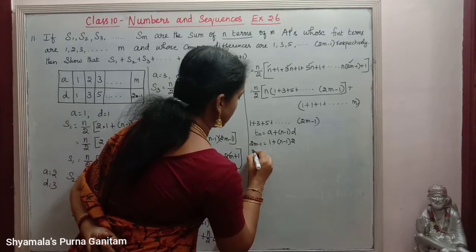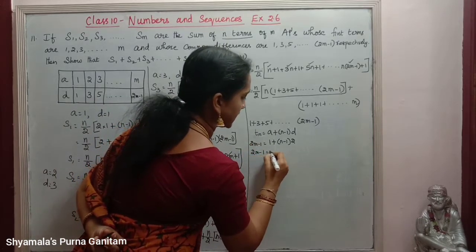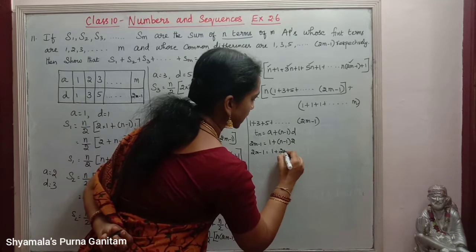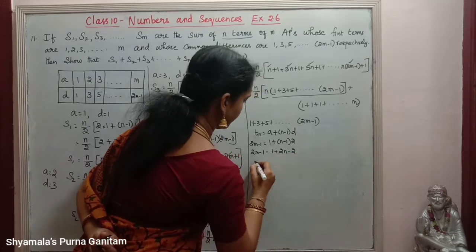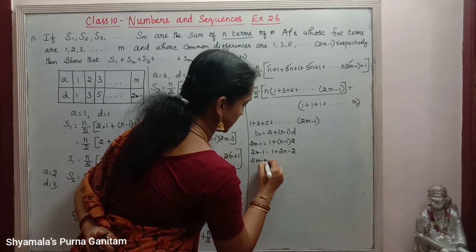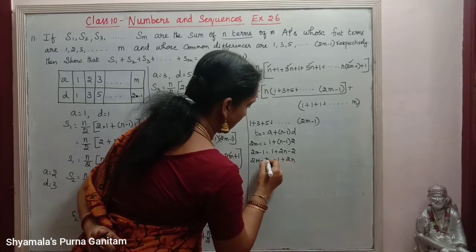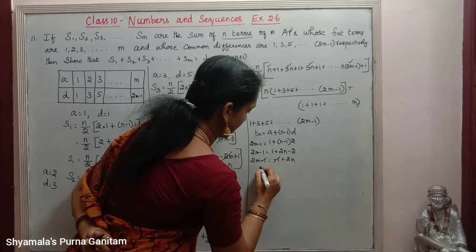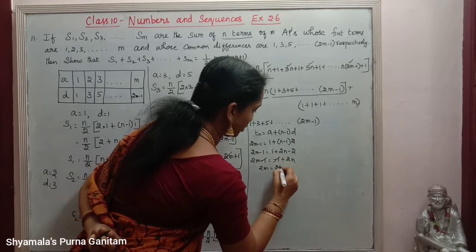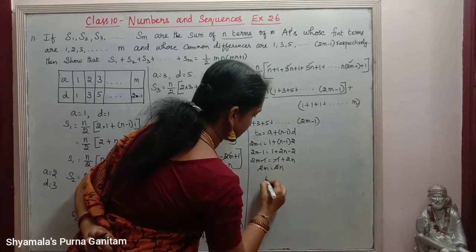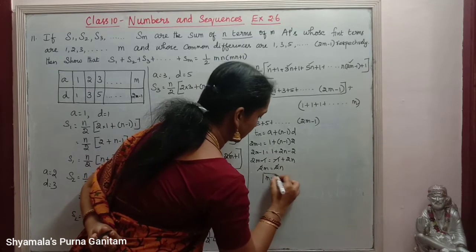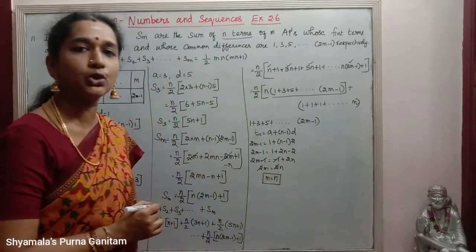So 2m minus 1 is equal to 1 plus 2n minus 2. So 2m minus 1 is equal to minus 1 plus 2n. Here minus 1 and minus 1 will get cancelled, so 2m is equal to 2n, the 2 will get cancelled. We will get n is equal to m.